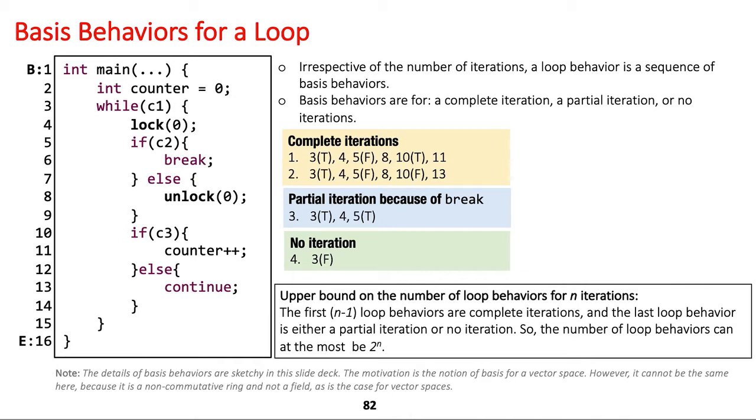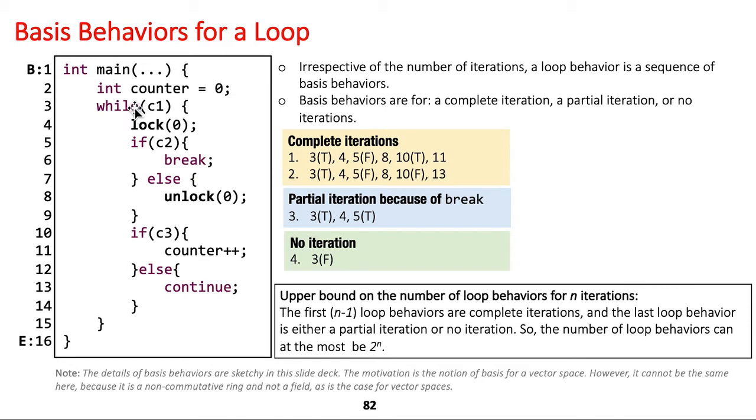A loop either has a complete iteration as a basis behavior, or a loop may have a partial iteration when the loop stops in the middle because of a break or a return. So in this case we have a return, so we have one partial iteration.